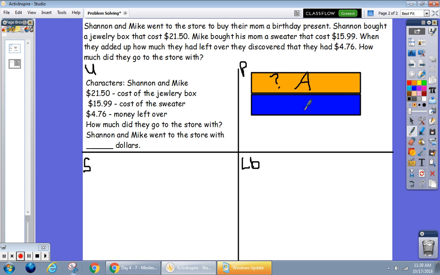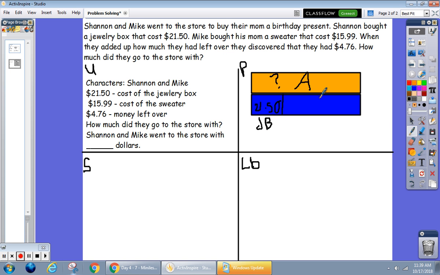I don't know, but I do know some of my parts. I know one part is $21.50. That's how much they spent on the jewelry box. JB for jewelry box.